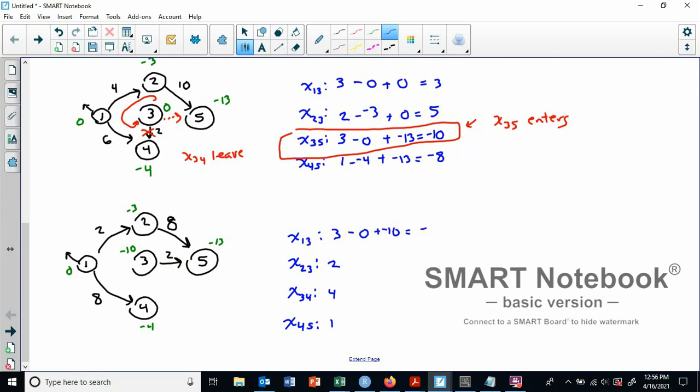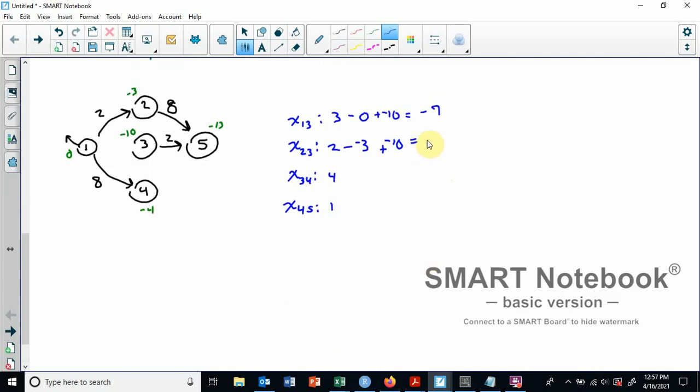That will be negative 7. Same thing here, cost minus the dual tail, which happens to be negative 3, plus the dual head, which happens to be negative 10, will give me a cost of, let me scroll a little bit, negative 5. So far, both of these are attractive.